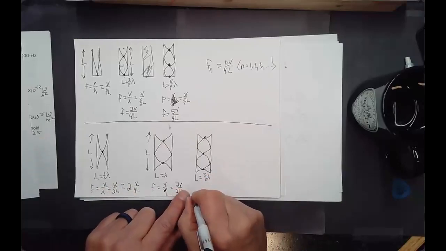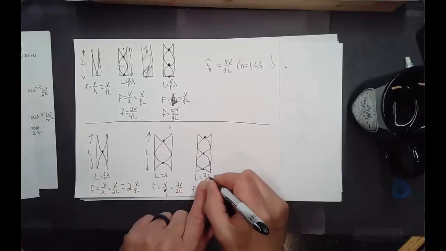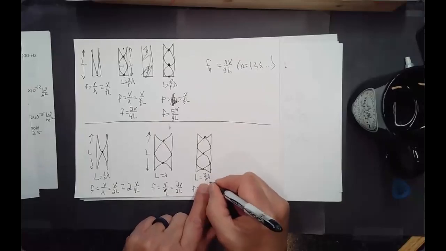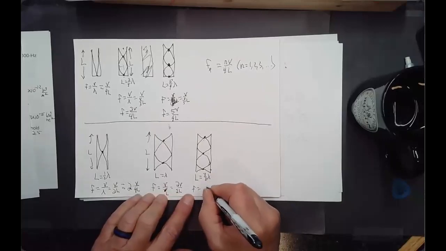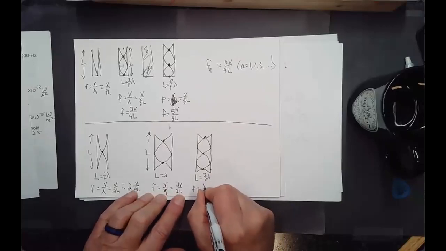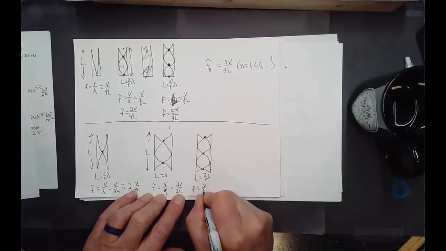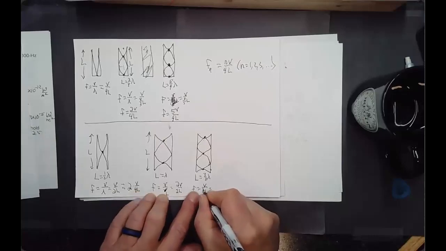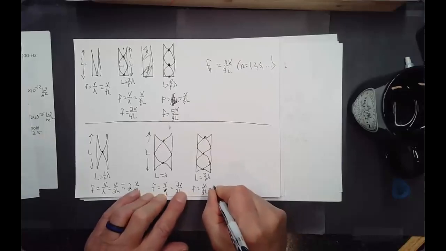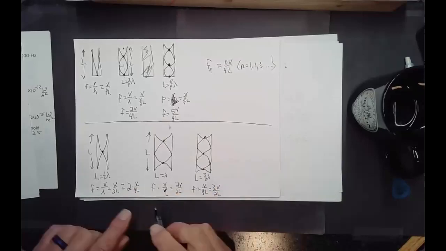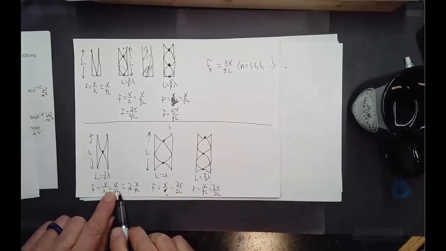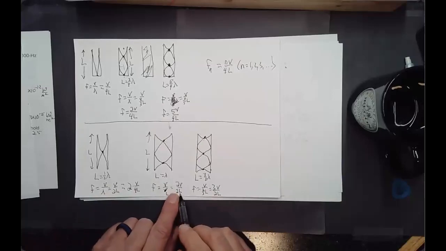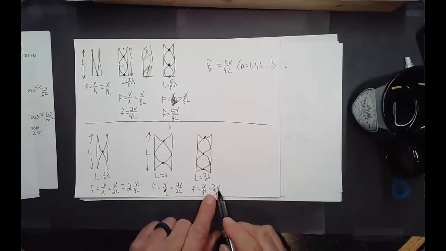And the frequency, well, solving for lambda, multiply both sides by 2/3. Lambda is going to be 2/3 L, so I'll have V over 2/3 L, which is flip that fraction and multiply, and I'll have 3 times V over 2L. So here it was V over 2L. Here it's 2V over 2L, and the next one up is 3V over 2L.